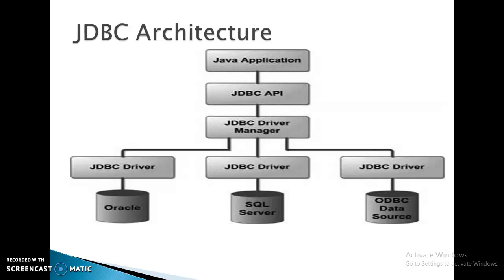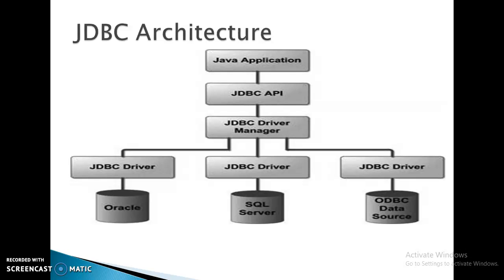That can be many, depending on which application we are developing. So there is not much difference because all are using SQL queries. So Java application, the JDBC API, that is java.sql.*, we are using.